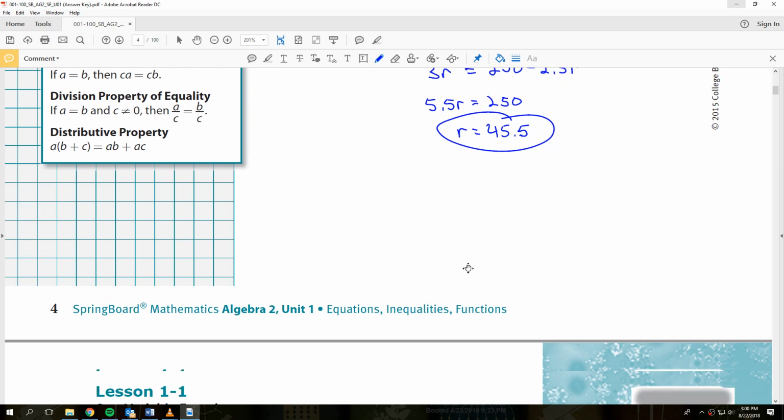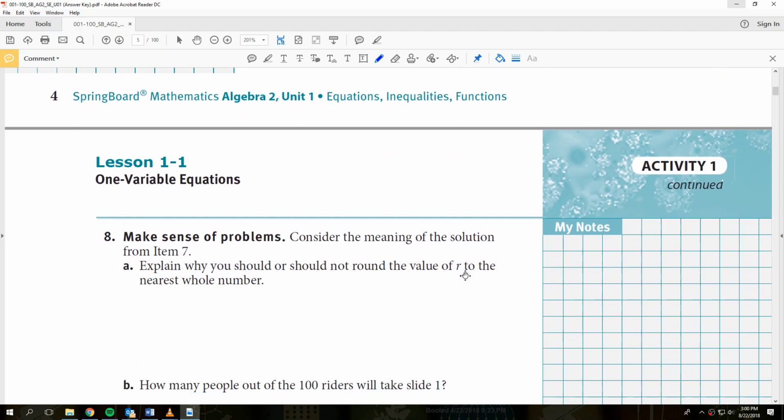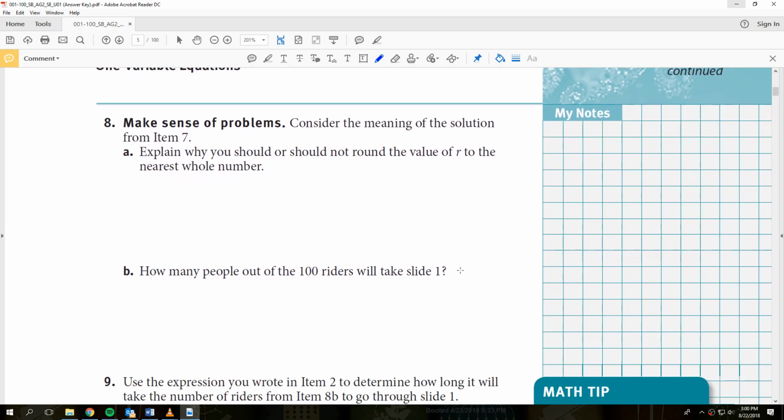Okay, so let's go ahead and scroll down. All right, so number 8, making sense of the problems. Consider the meaning of the solution, which is kind of what I just talked about. Explain why you should or should not round the r to the nearest whole number. Yeah, we should, so I'm just going to circle that.